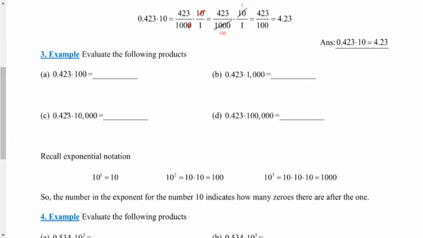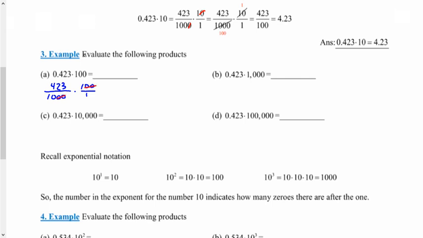So here we go. 0.423 times 100. Well, just for simplicity's sake, we'll keep that. 0.423 we already said was 423 thousandths, and we'll take that times 100. You can always write any number as a fraction, just put it over 1. And then we can do some canceling, and two zeros are gone.